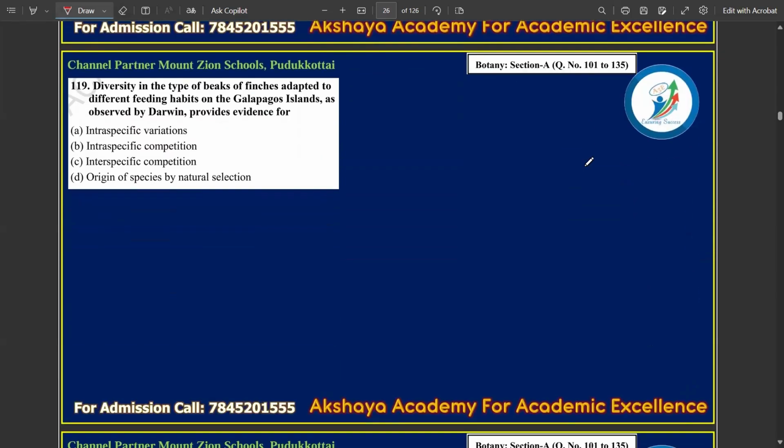Let's check question number 119. Diversity in the type of beaks of finches adapted to different feeding habits on Galapagos Island, as observed by Darwin, provides evidence for. As you remember from the evolution chapter, Darwin went to the Galapagos Islands, where there were finches with different beak shapes based on their feeding habits.